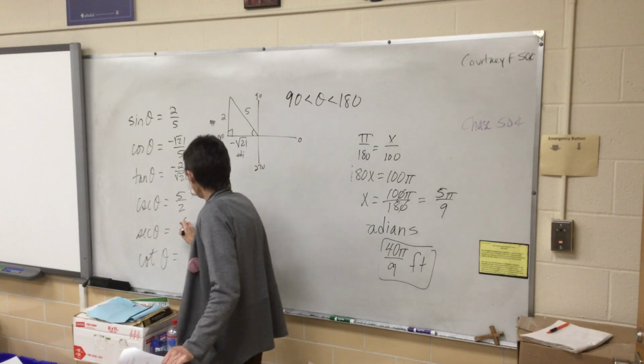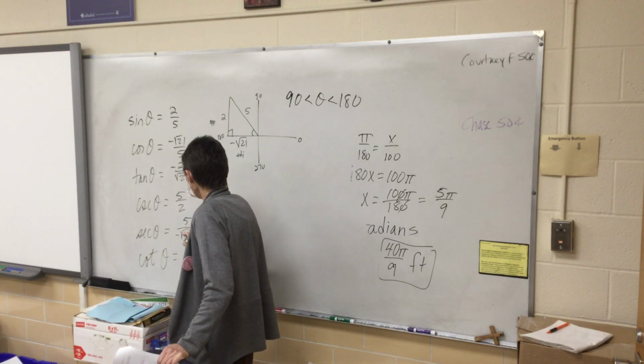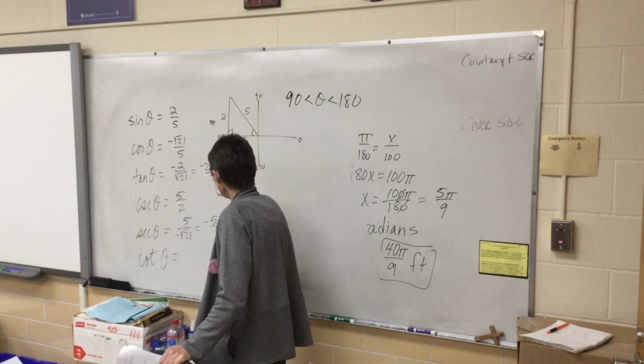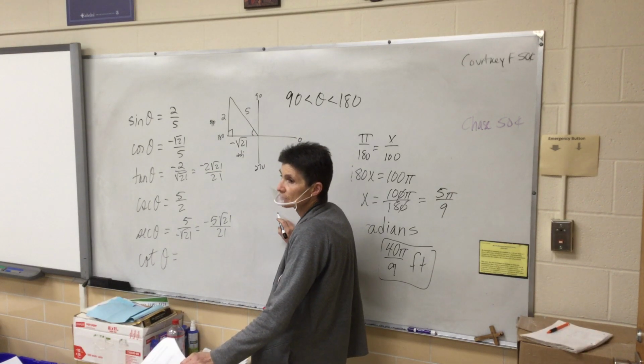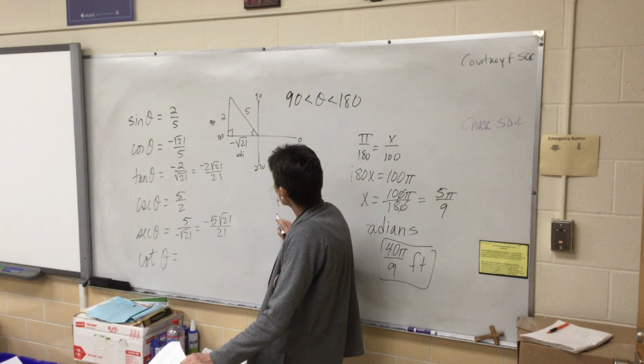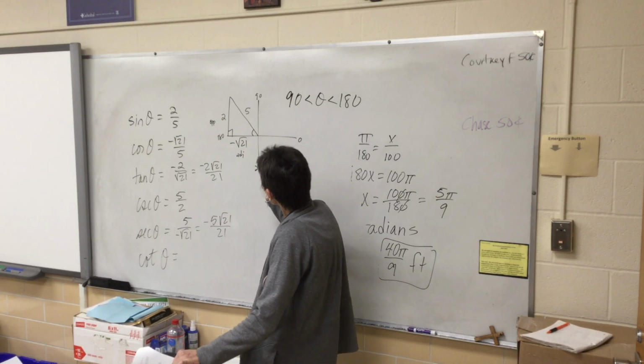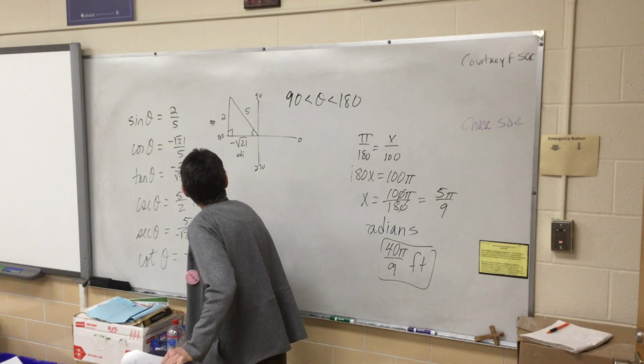Secant is 5 over negative root 21, which is negative 5 root 21 over 21. And cotangent is negative root 21 over 2.